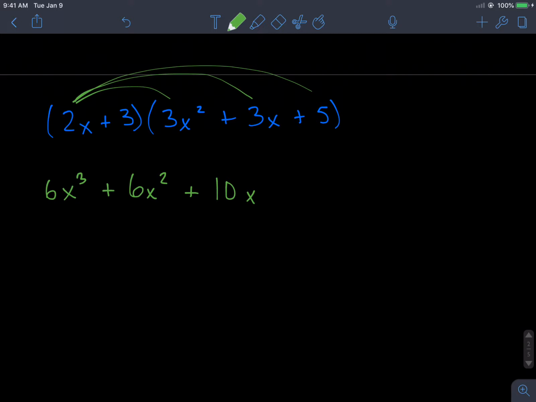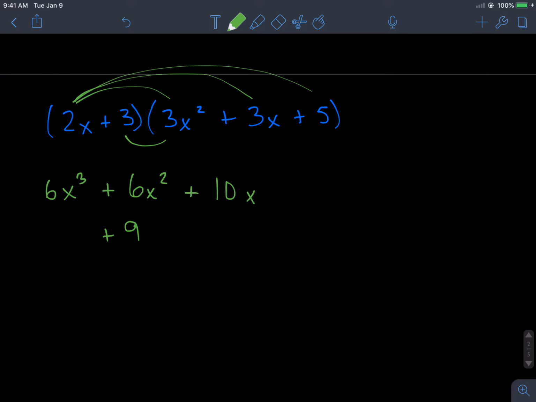And here's where I want to give one little suggestion that helps keep things a little bit more organized. When we start sending the 3 to the other terms, instead of just adding those further on to this line and then having to look through everything to find like terms, we're going to instead line them up underneath. So when we send 3 to 3x squared, that's going to give us 9x squared, a positive 9x squared.